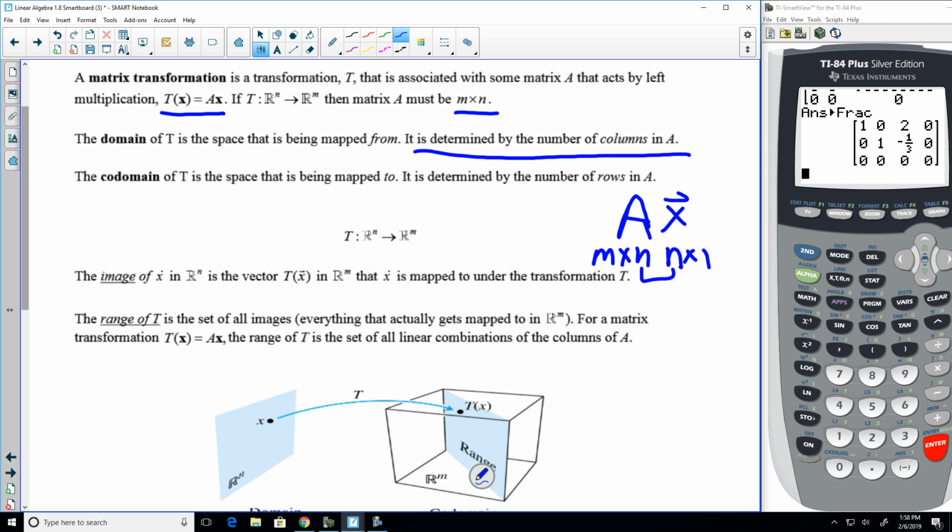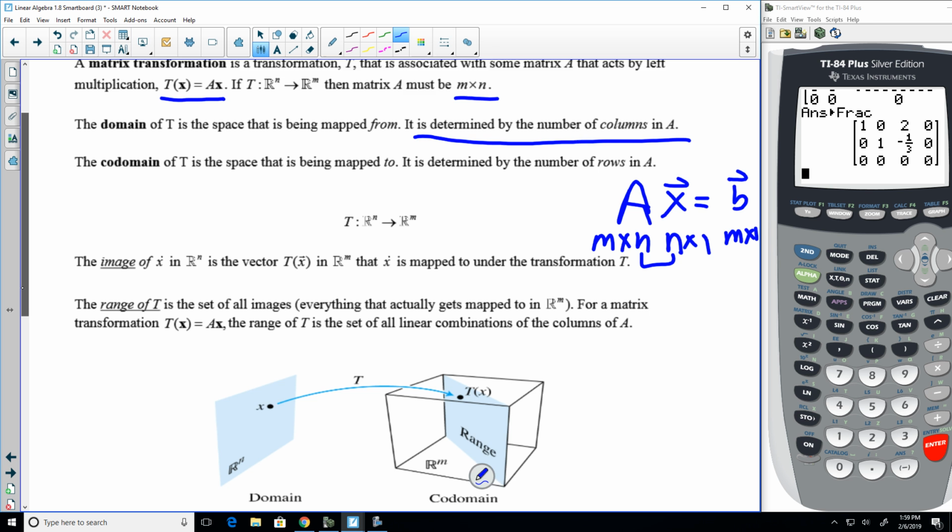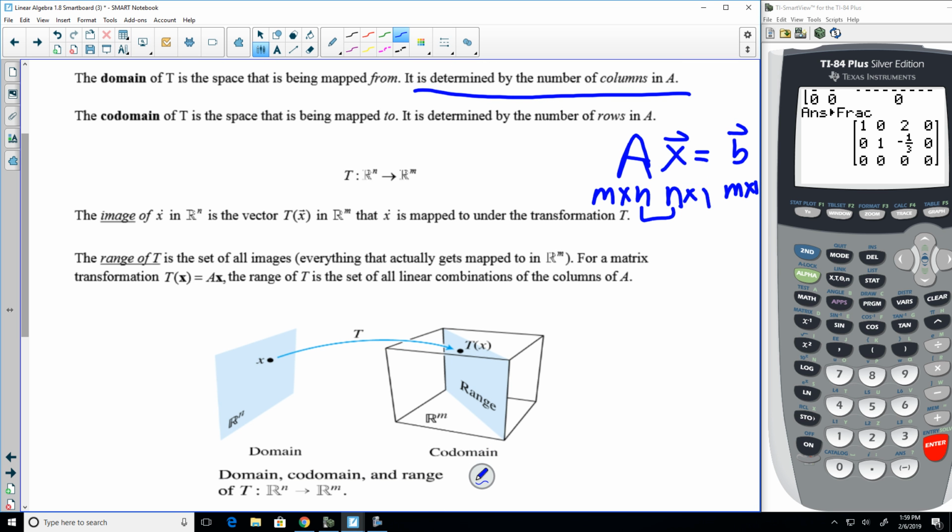And the codomain is the space that's being mapped to. It is determined by the number of rows of A, because what you get after you multiply these is some other vector, and it has to be m by 1. It has to be the outside values. So the domain is what kind of vectors you're plugging in.